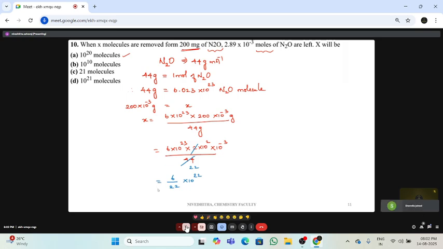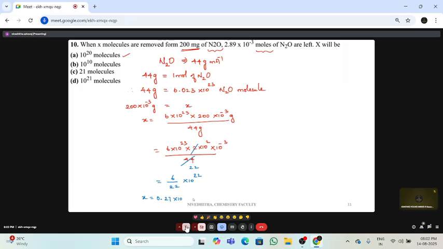Yes, Kanna. Divide and let me know the value. You're right, it is 3 by 11. What is 3 by 11? 0.27 approximately, right? So the value of x is 0.27 into 10 power 22.